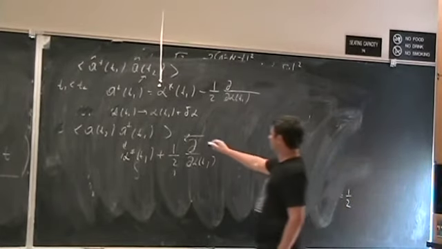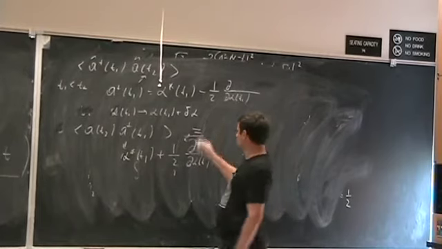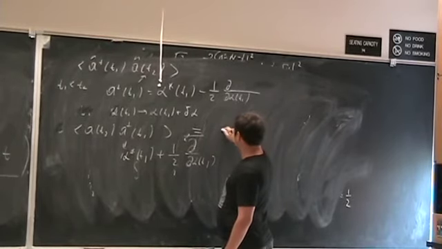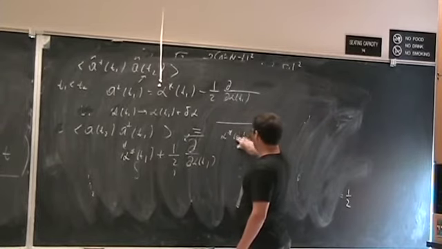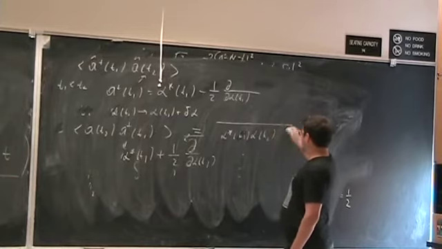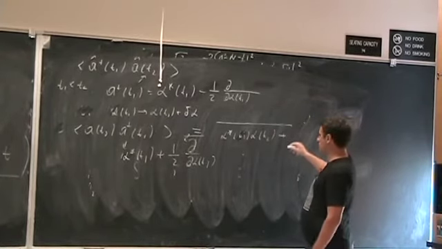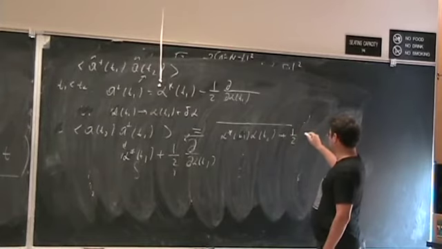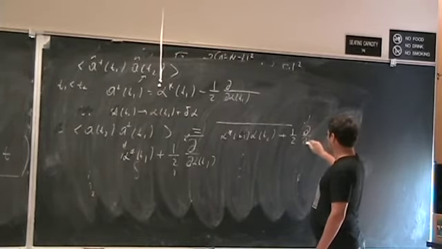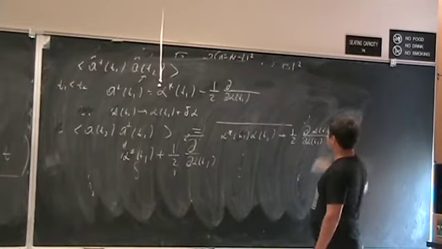So after that I can change back the order, and I will find that this will be just the average of alpha star of T1, alpha of T2, where the average is with respect to the Wigner function, plus 1/2 d by d alpha of T1, alpha of T2.